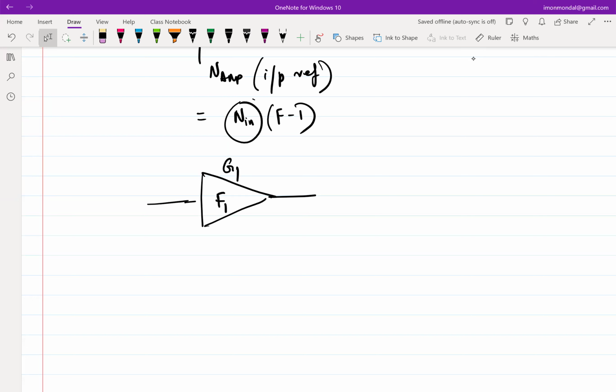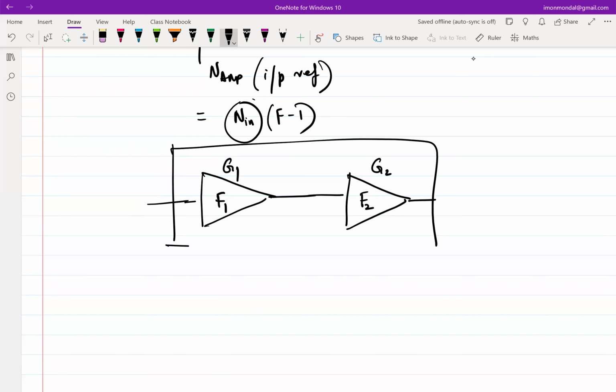Right? So now with that definition in mind, let's say you have another amp which has a gain of G2 and noise factor of F2. I want to figure out what will be the noise factor of this entire system put together. Clearly the gain of the entire system is G1 times G2.